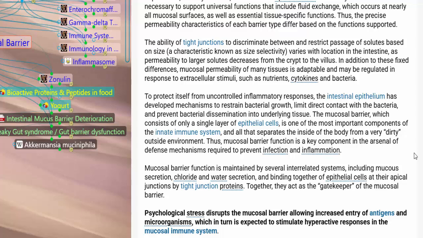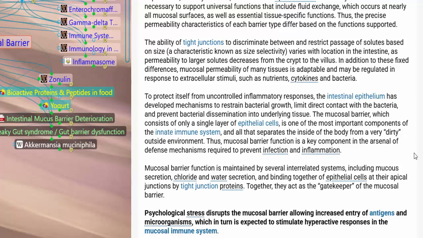The mucosal barrier, which consists of only a single layer of epithelial cells, is one of the most important components of the innate immune system, and all that separates the inside of the body from a very dirty outside environment. Thus, mucosal barrier function is a key component in the arsenal of defense mechanisms required to prevent infection and inflammation.